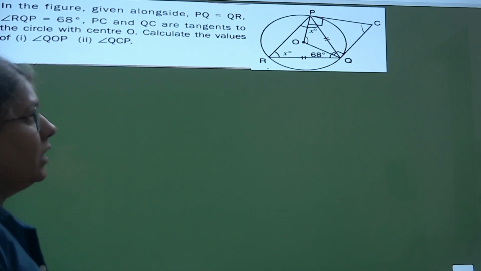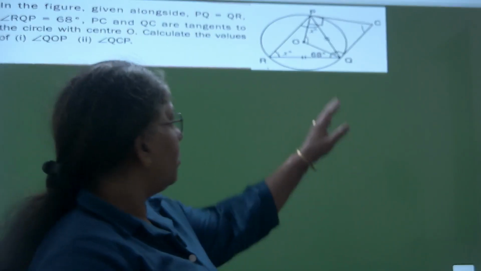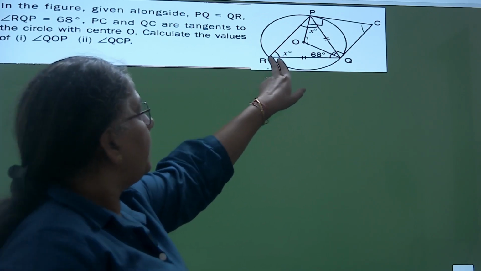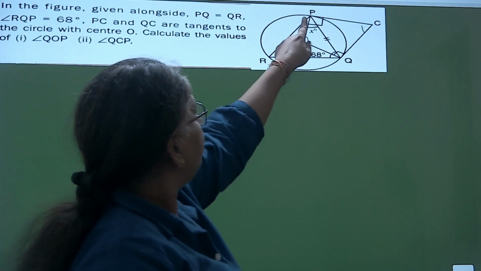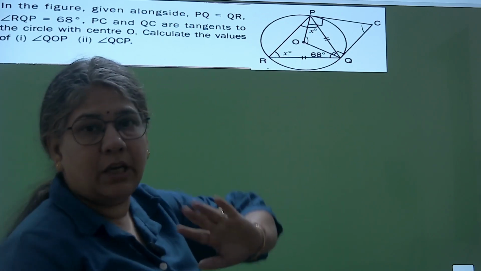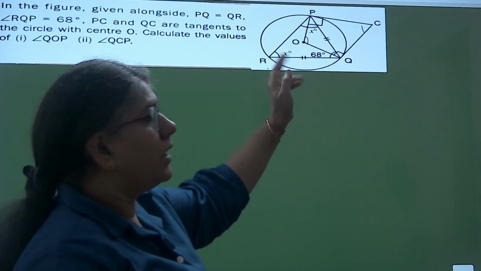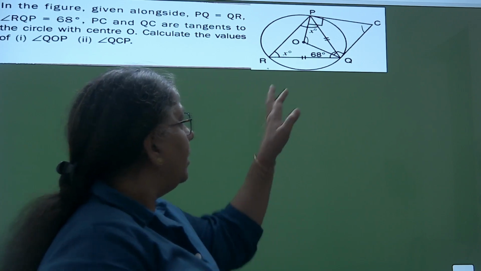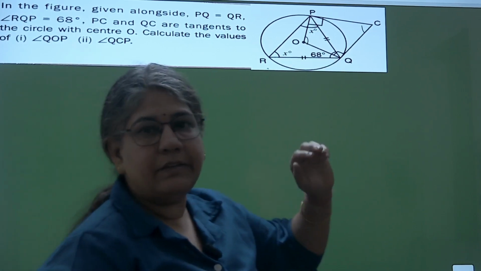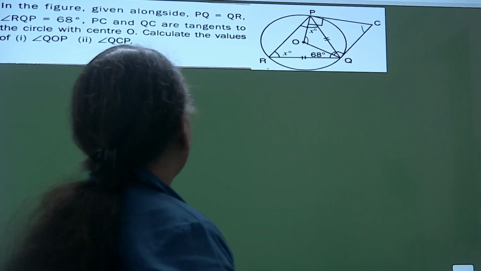Okay. So we can begin this question with the understanding that PQ and QR are equal. Hence, the given triangle PQR is an isosceles triangle. So, using this property, we can easily find the value of x.